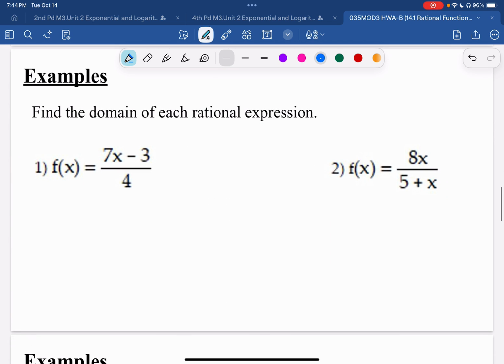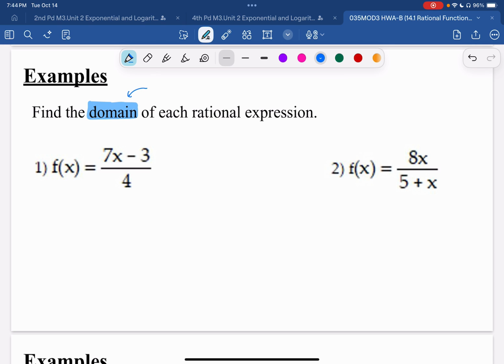Okay, so if I ask you to find the domain of a rational expression, what you're looking for is everything that does not make the denominator 0.